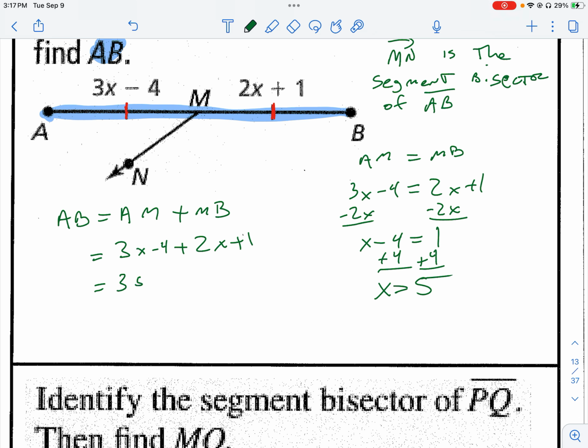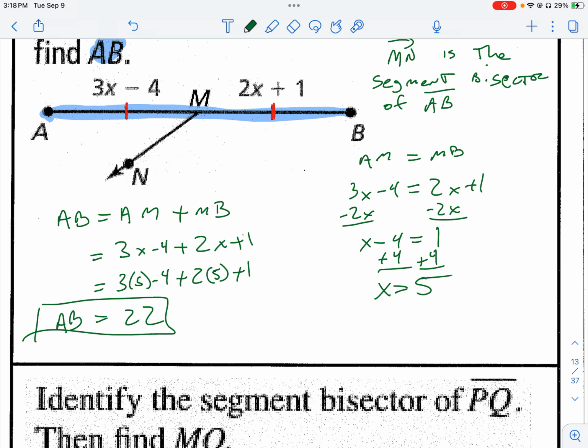So 3 times 5 minus 4 plus 2 times 5 plus 1. Yes, I could have combined like terms first, but I didn't. We'll get the same answer either way. So 3 times 5 is 15, minus 4 is 11, plus 2 times 5 is 10, is 21, plus 1 is 22. So AB equals 22.